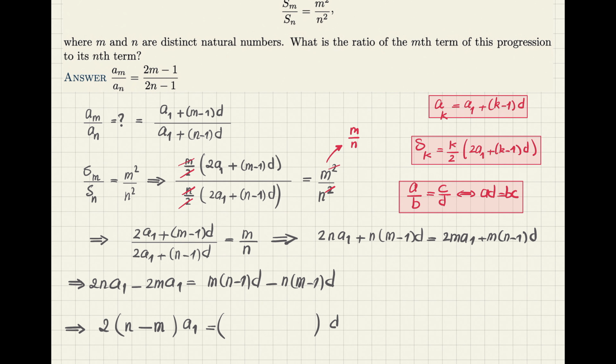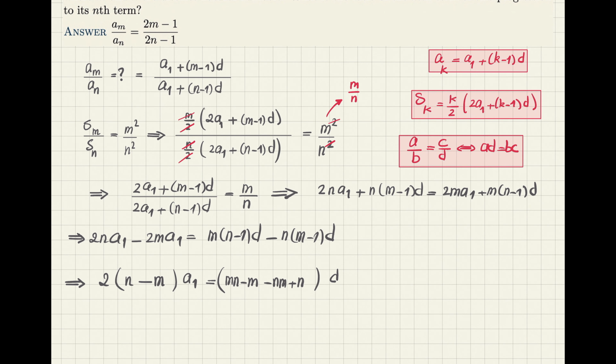Then what I do, I will multiply these two. It becomes mn minus m. And then I will multiply minus n inside, so it becomes minus nm, but plus n. Yes, so then you immediately see that these two terms are cancelled, and I am left with n minus m. So if I write one more step here, this is 2 times (n - m) times a1 is equal to (n - m) times d.